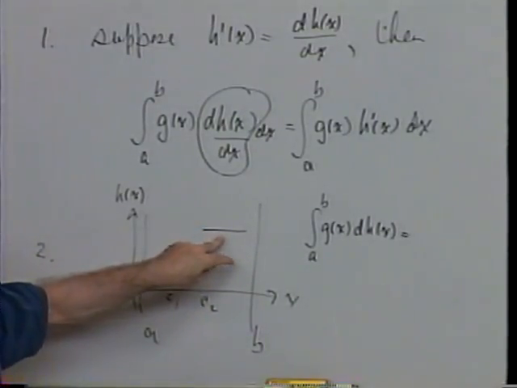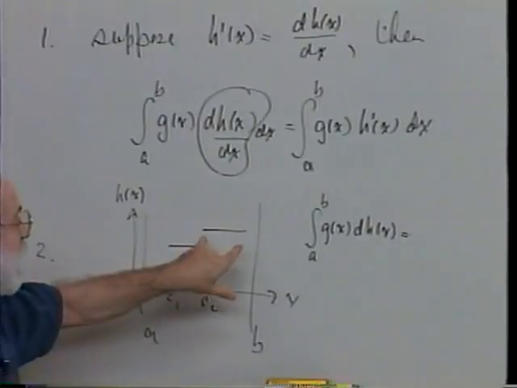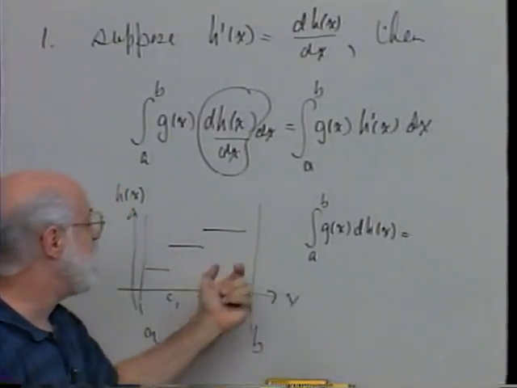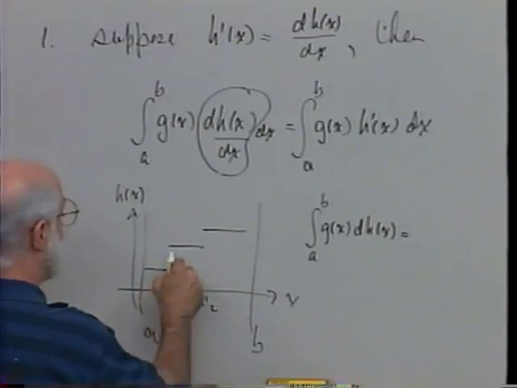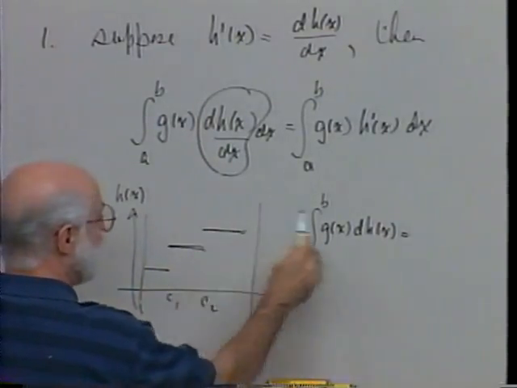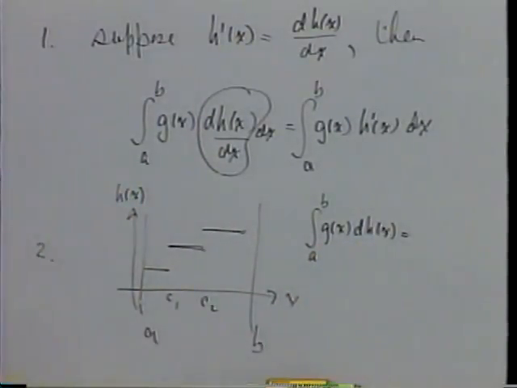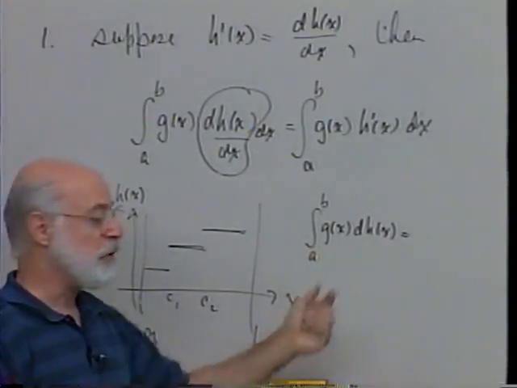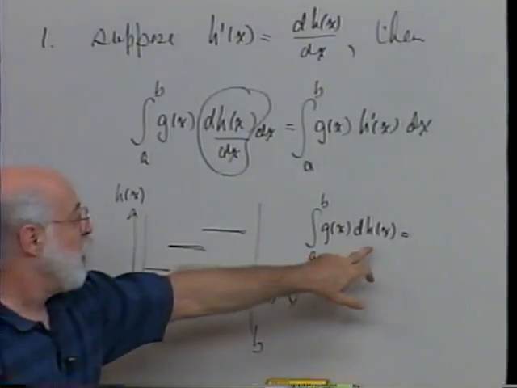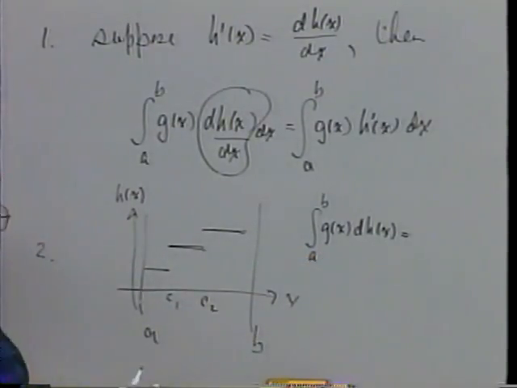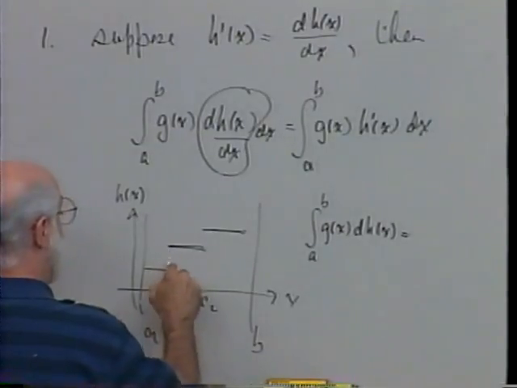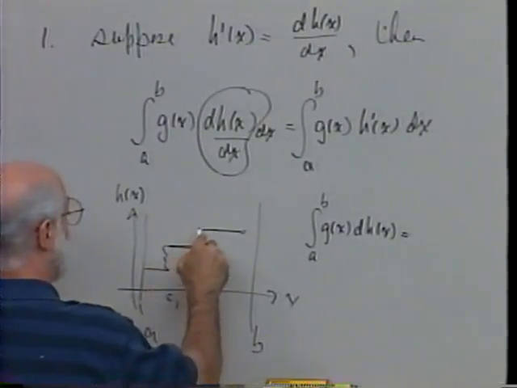In fact, it has a constant value. So the dh of x is the change in h as I move along in x. As long as I'm in an area where h is constant, then dh of x is 0. So that means that all of the contributions to this integral are 0, except at the place where there's a discontinuity. At the discontinuity, h of x actually changes, and the amount it changes is the amount of the jump.